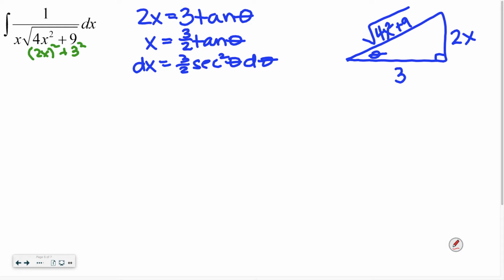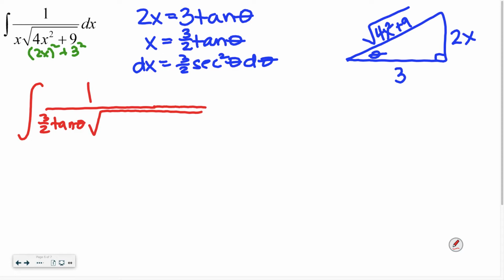Yes. Okay. So we have the integral of 1 over x, which is 3 halves tangent theta, times the square root of 2x squared, which would be 9 tangent squared theta. Are you okay with that?